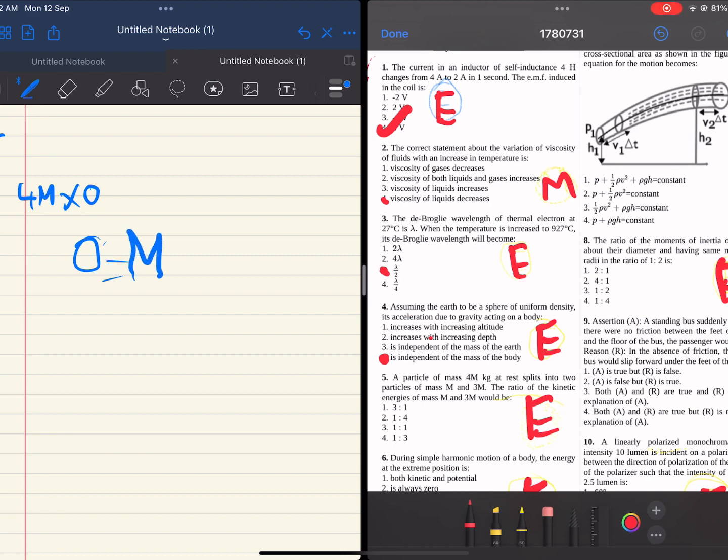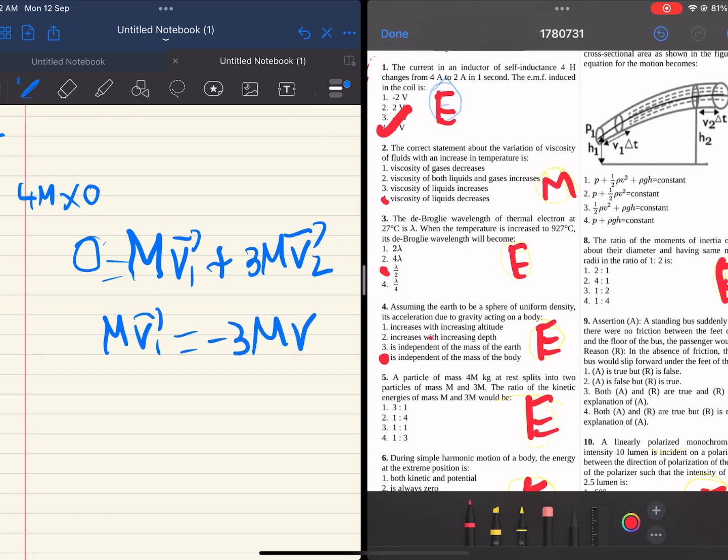We can find v1 vector is minus 3 v2 vector. We do not know the direction, but if we assume the same straight line, we can just write it in magnitude terms in opposite directions.